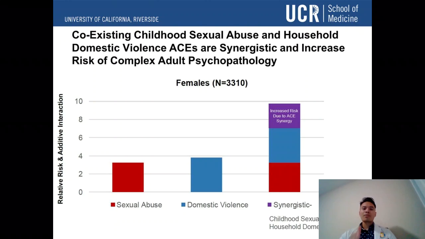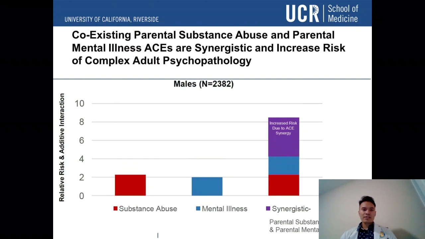Of complex adult psychopathology. And here you see the same thing with coexisting parental substance abuse and parental mental illness in males specifically. So again, substance abuse and mental illness on their own combined come to about a 4 on the scale, but here you can see the synergistic effect is so much more.